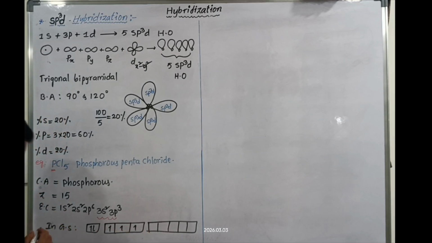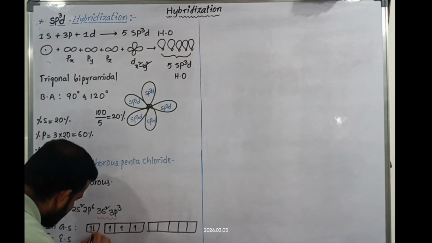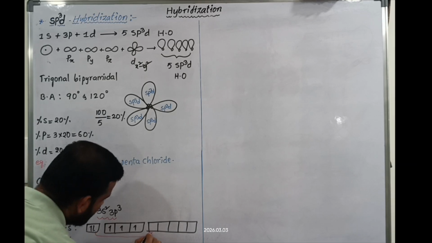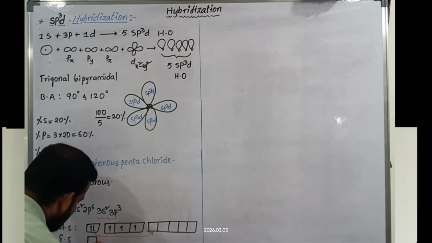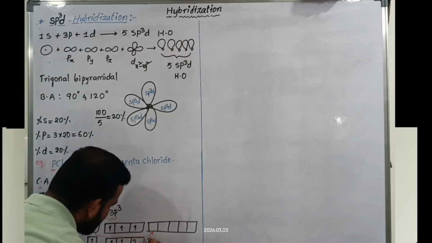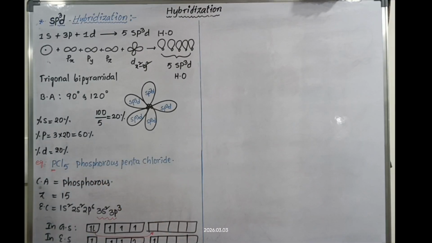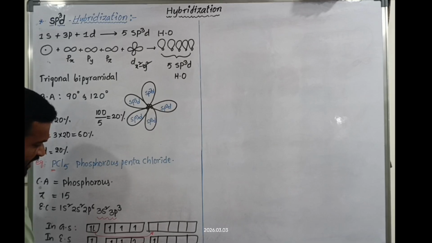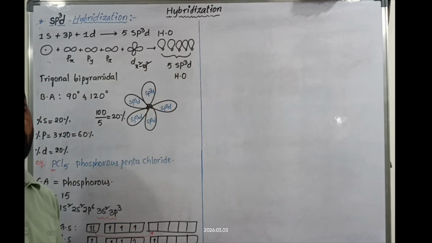But in the excited state, one of the electrons in the s orbital will jump into the vacant d orbital. Then the s orbital contains 1 unpaired electron, the p subshell contains 3 unpaired electrons, and the d subshell contains 1 unpaired electron. So totally 5 atomic orbitals are there. These 5 atomic orbitals intermix together to form 5 sp3d hybrid orbitals.